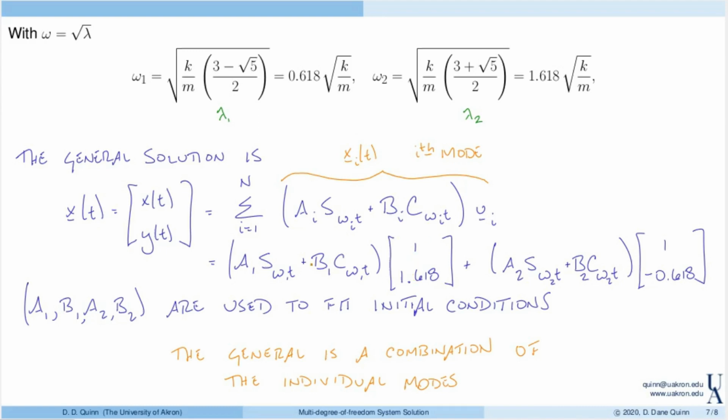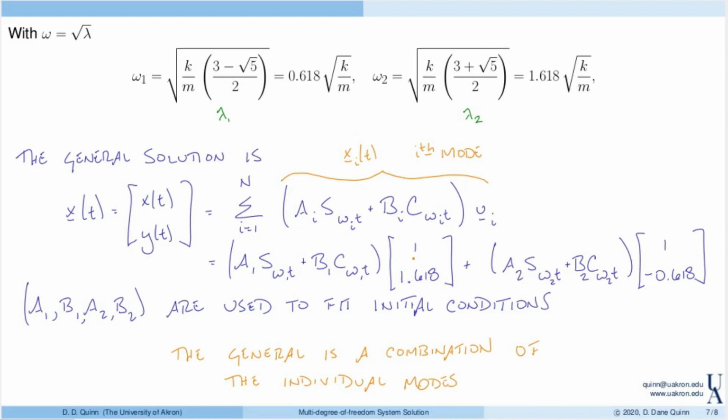So if you just look at this first mode, for example, we have a time-dependent piece out front that's sines and cosines, and then the response of x, the first block, has essentially relative amplitude 1 to that function, and the response of y has a relative amplitude of 1.618 compared to that function.